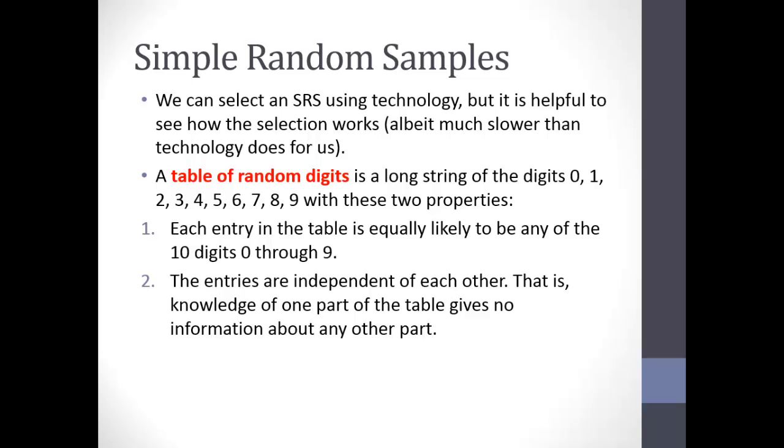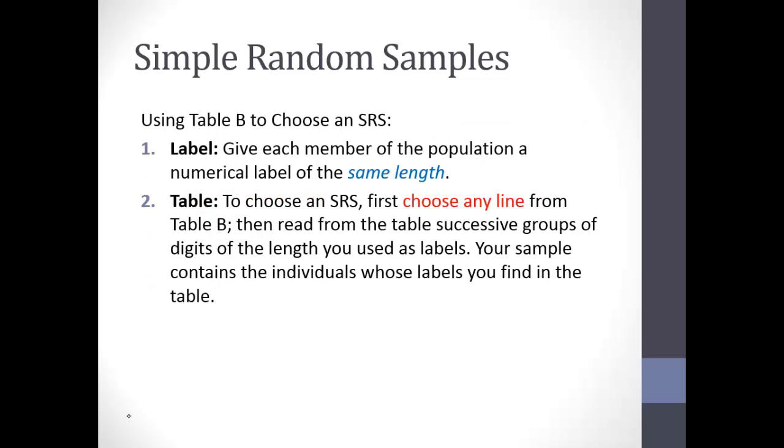So on the last page of your notes, I've included a copy of Table B, which is from your textbook, and that is what we call a table of random digits. It's just a big long string of the digits 0, 1, 2, 3, all the way up to 9, and each entry in the table is equally likely to be any of those numbers, and choices are made independently of each other.